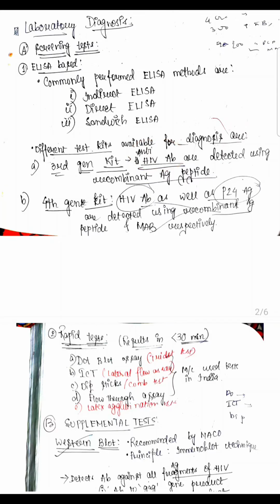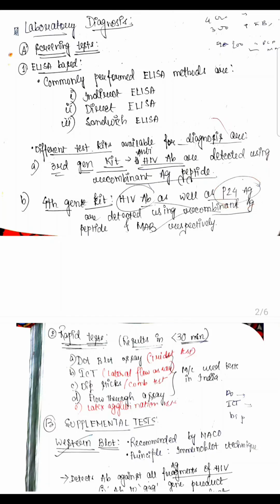So what is the 3rd generation kit used for? The 3rd generation kit is used for detecting anti-HIV antibodies in the blood or the serum of the patient. Okay, and now comes the 4th generation kit. The 4th generation kit is used for detecting HIV antibody as well as, what I said yesterday, P24 antigen.